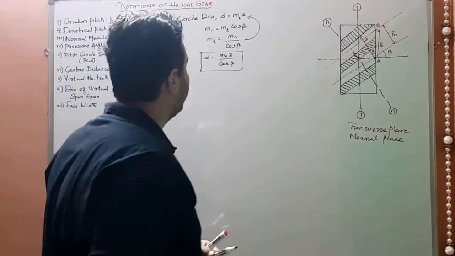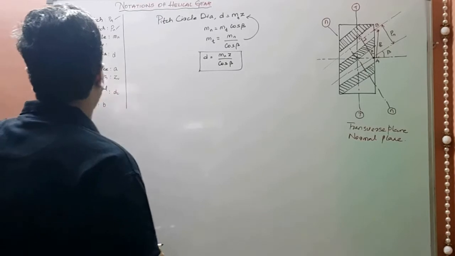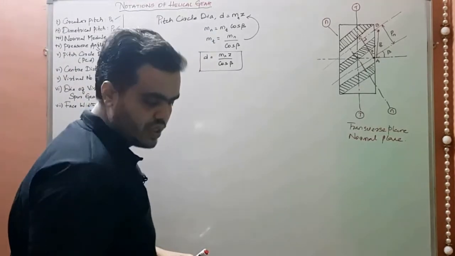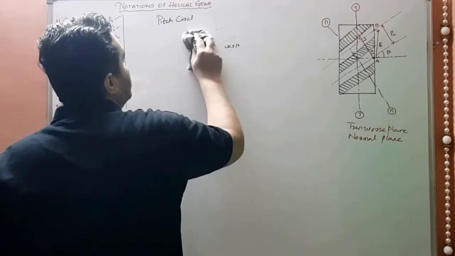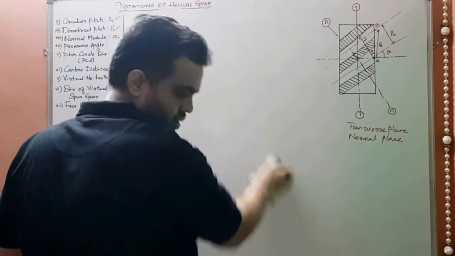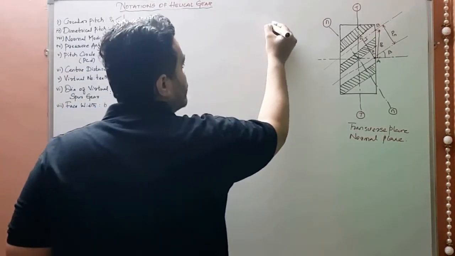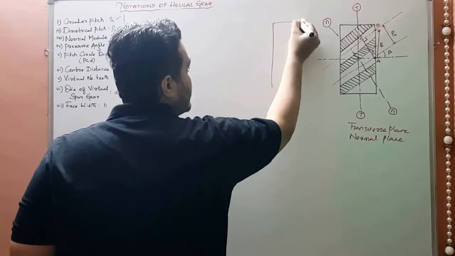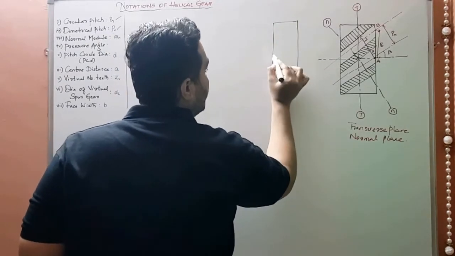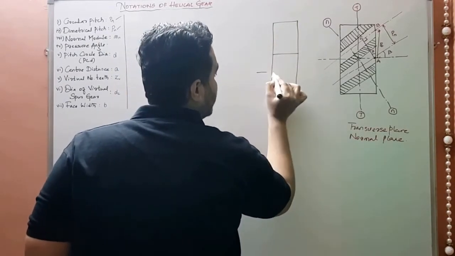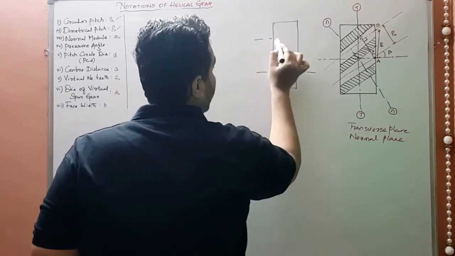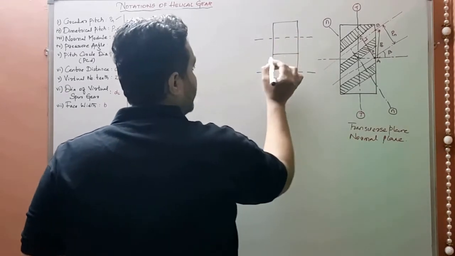Alright. So next we will see how to determine the center distance. This is also very important. Observe here. Consider you have two gears. So this is one gear, this is another gear.